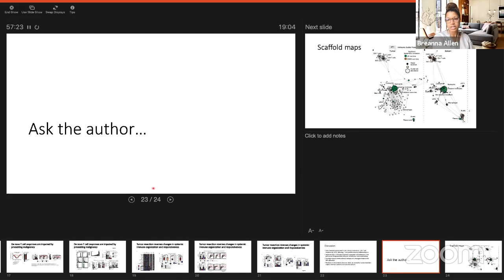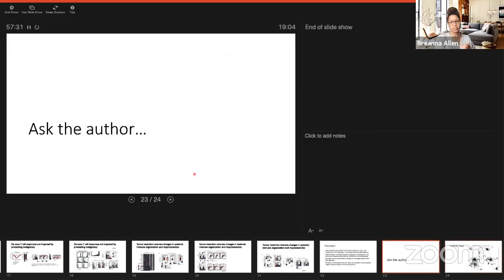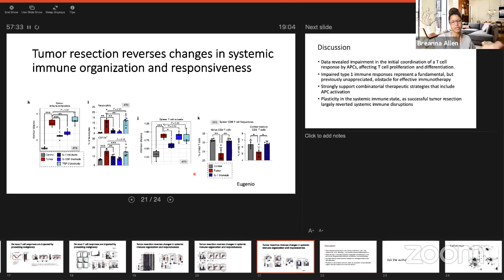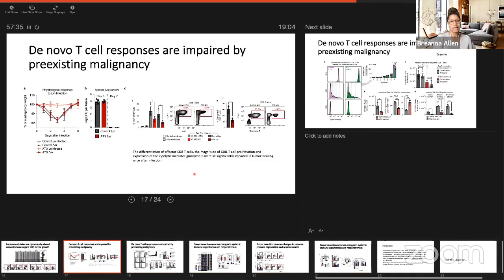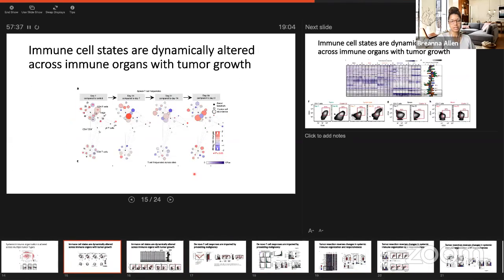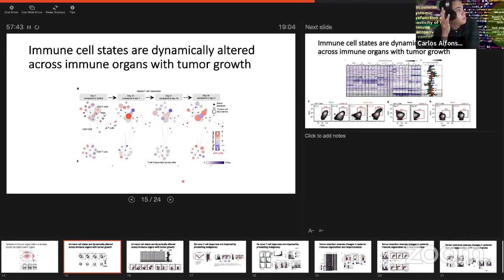So we did see interesting Treg dynamics throughout the system over tumor growth. In the time course data, there's an interesting relationship between the Treg populations in the lymph node versus the tumor, as well as CD8 T cells, where it seems like there's an increase in Tregs in the lymph node that corresponds with plateaus of CD8s in the tumor.